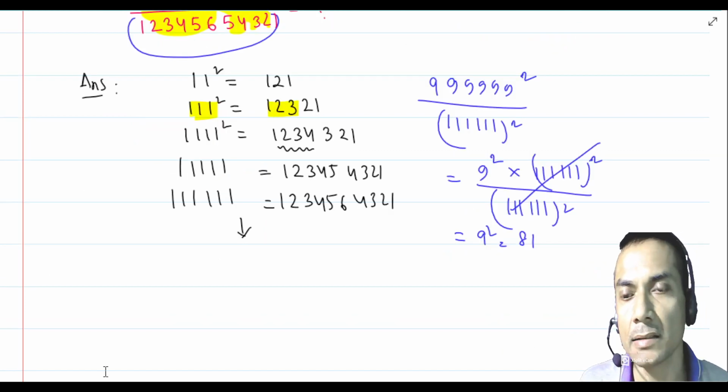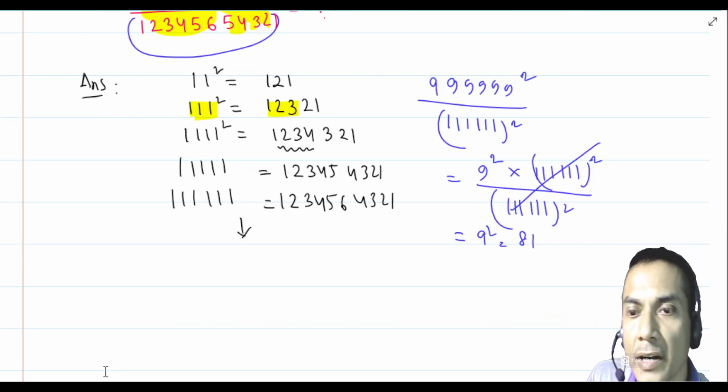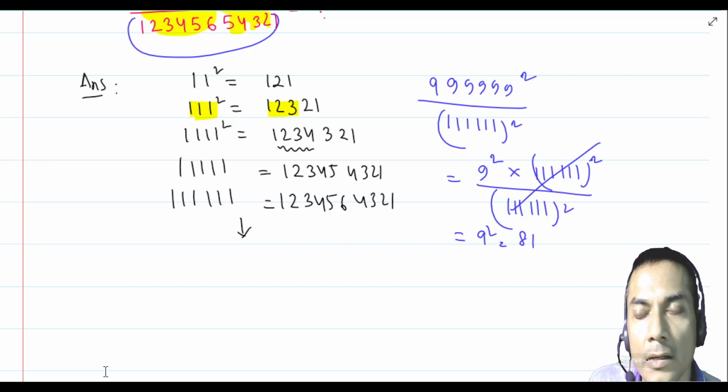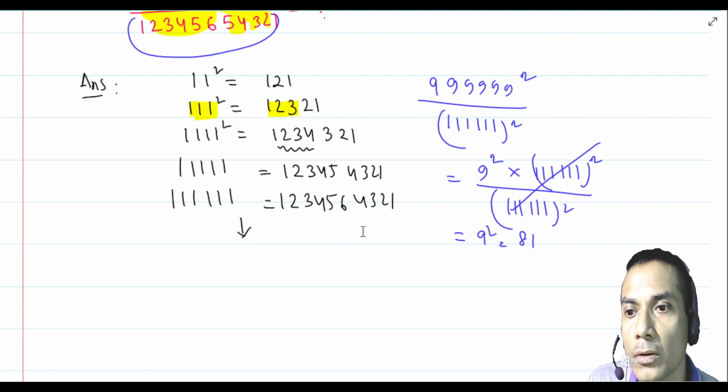In mathematics, there are different kinds of number patterns, and from the given number pattern we can answer the question. So this is one kind of example. There are so many patterns, we cannot cover all of them. If you have any doubt about any pattern, you can comment below or send me a WhatsApp.